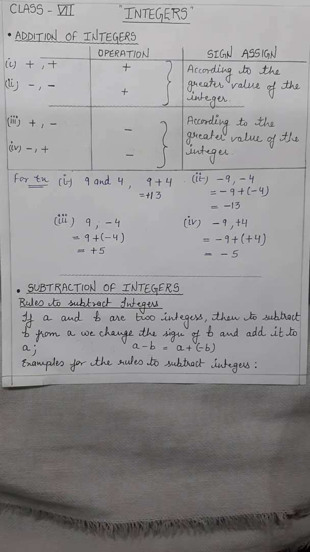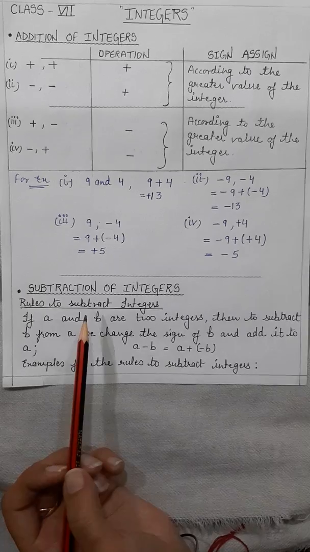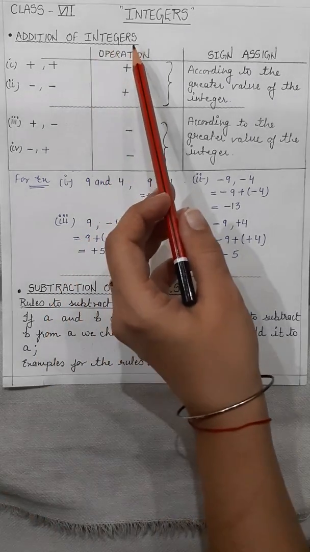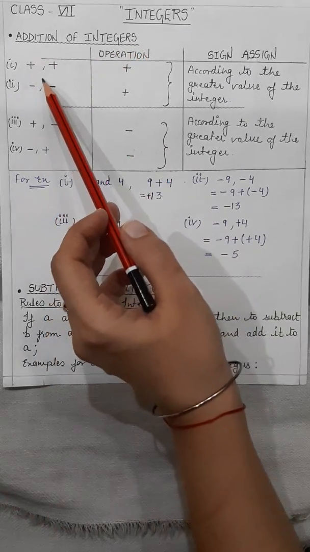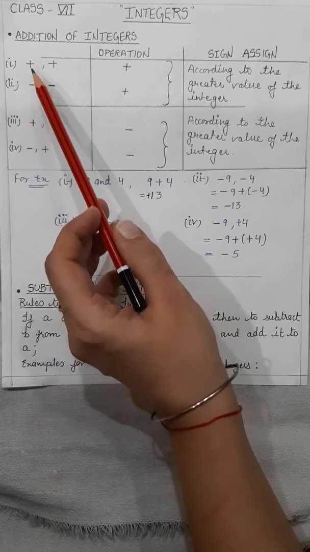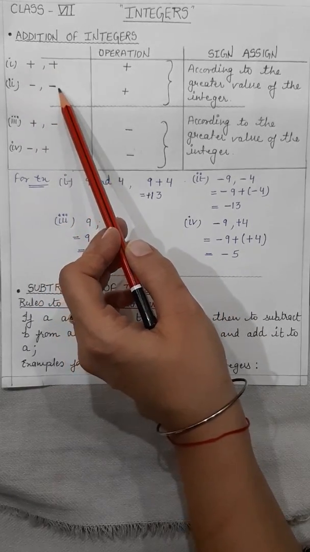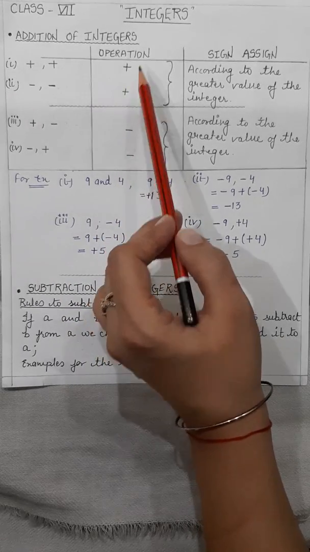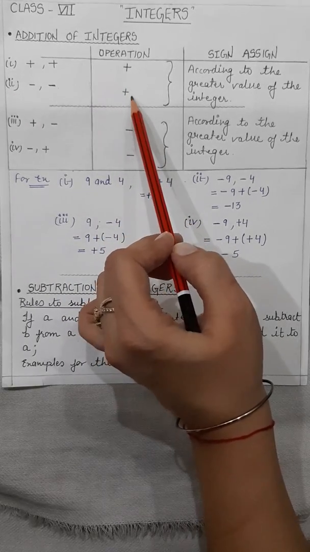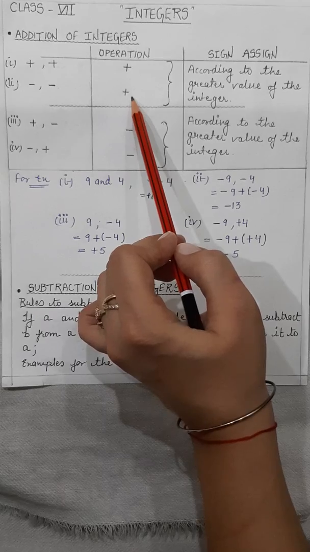So first we will revise addition of integers that you have done in the previous video. When you have to add two integers with the same sign, plus plus or minus minus, then the operation should be addition. You have to add those numbers. Clear?